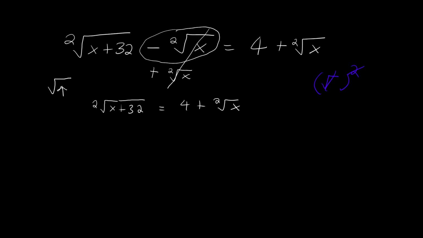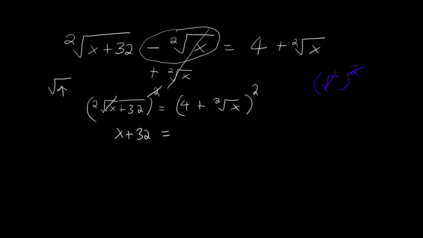Now, let's get rid of the square root, and what we do on one side, we must do on the other side. So we say goodbye to the square root, and we will have x plus 32 equal. And now we have to be careful with this one, because what happens to this 4? We can't just square each term; that's impossible in math.